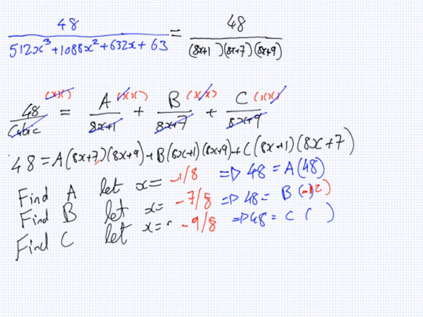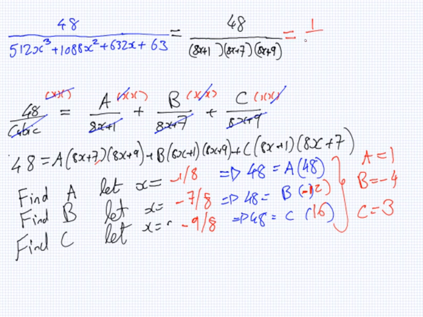And then when I put in minus 9 over 8 into the last one, I get 16. So here I can see that A equals 1, B equals -4, and C equals 3.